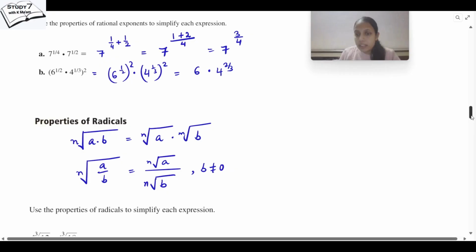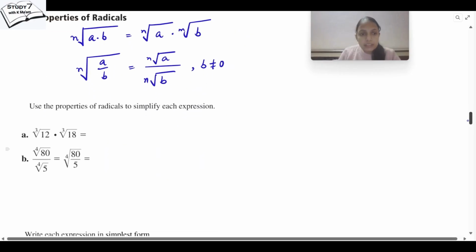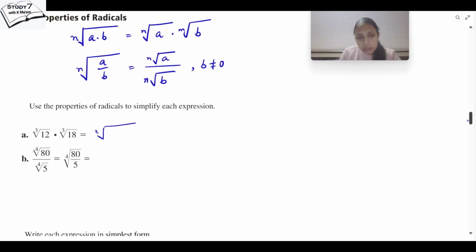Next, using this we have a question: cube root of 12 times cube root of 18. Using the property, I can multiply the two different roots into a single one because both are cube roots. So it's the cube root of 12 into 18. I can break this down. 12 is 6 times 2, 18 is 6 times 3.